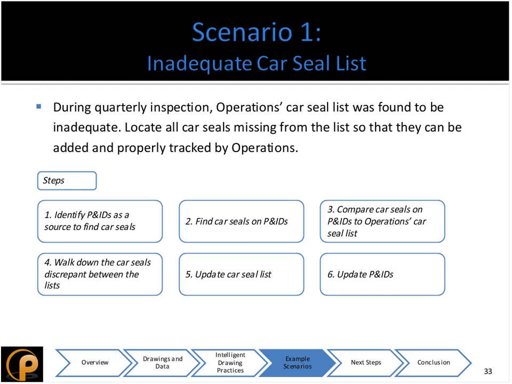Well, first you'll have to figure out, well, how do I find these missing car seals? And you might identify the P&IDs to be a good place to start. And then on your P&IDs, you'll actually have to locate each of the car seals and then compare what you find on the P&IDs to the operations car seal list, walk down the discrepancies, and then update both sources.